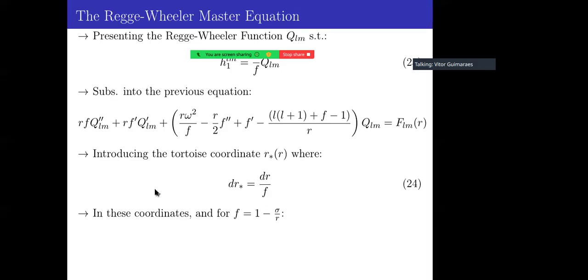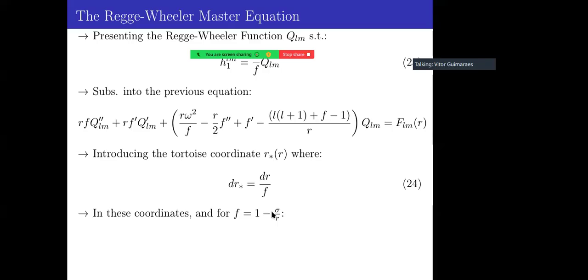Okay, so now in this coordinate, we change the derivatives with respect to r through this relation and take the derivatives with respect to r star, taking into account that f has this form here. Now I'm leaving the general form of the function f.